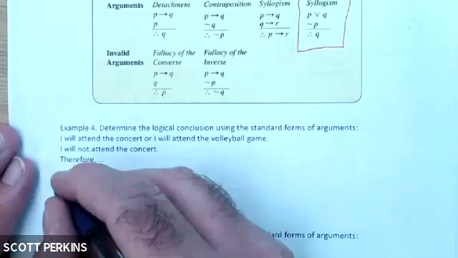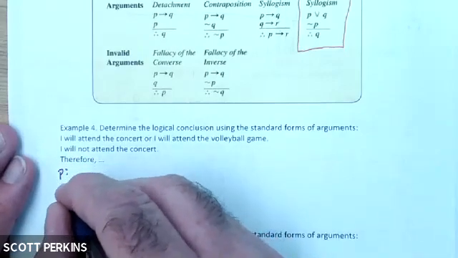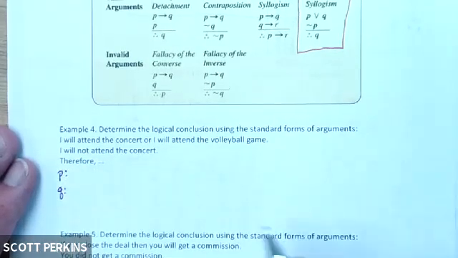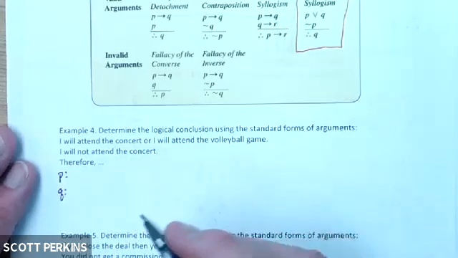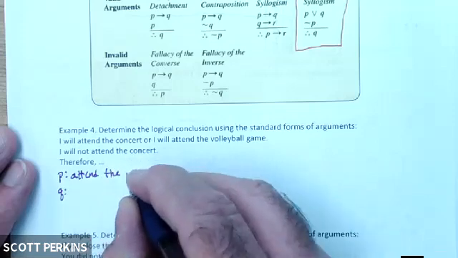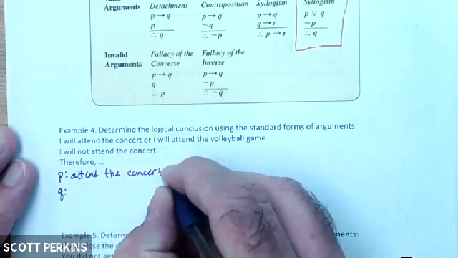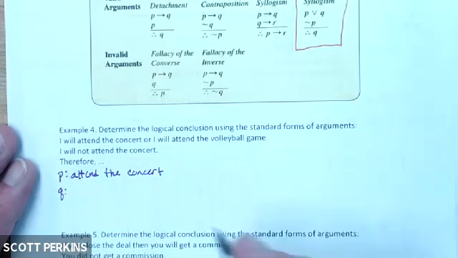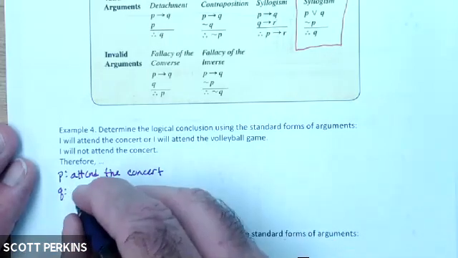So here we go. Statement P, statement Q. Statement P is going to be, I'm going to attend the concert. Statement Q is going to be, I will attend the volleyball game.